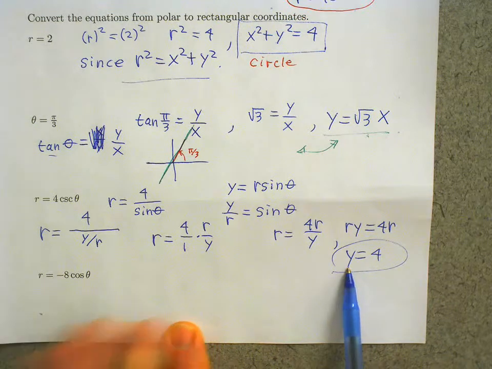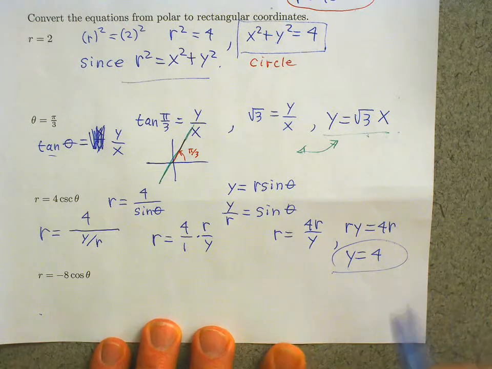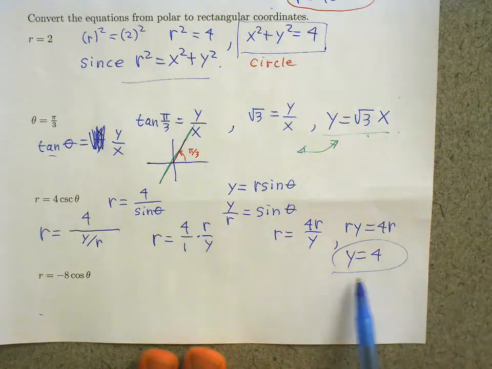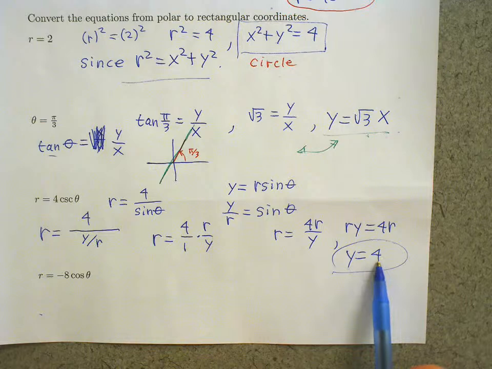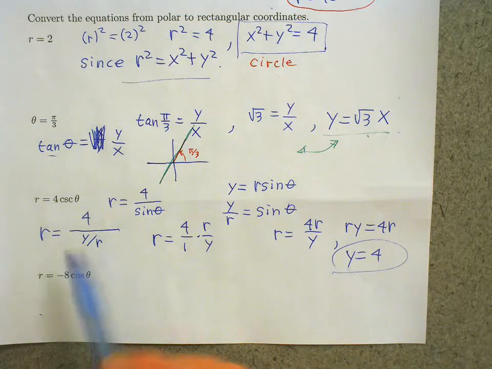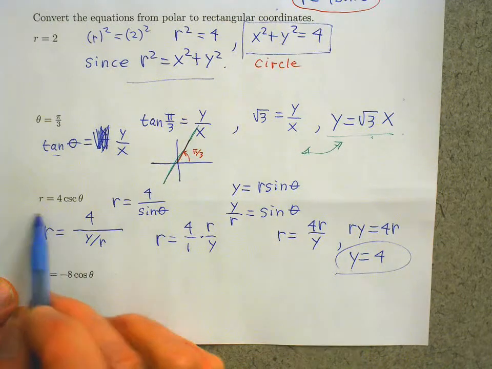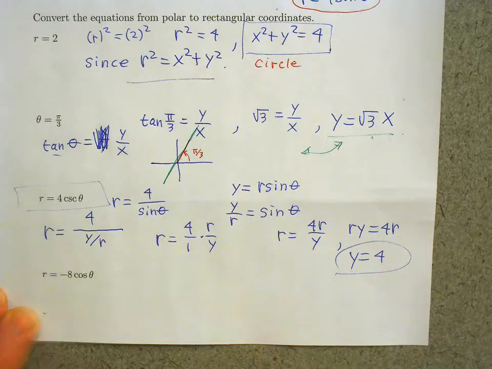So the graph of y equals 4 in the xy plane is a horizontal line with a y-intercept at (0, 4). So is the graph of r equals 4 times cosecant of theta. It's a horizontal line.